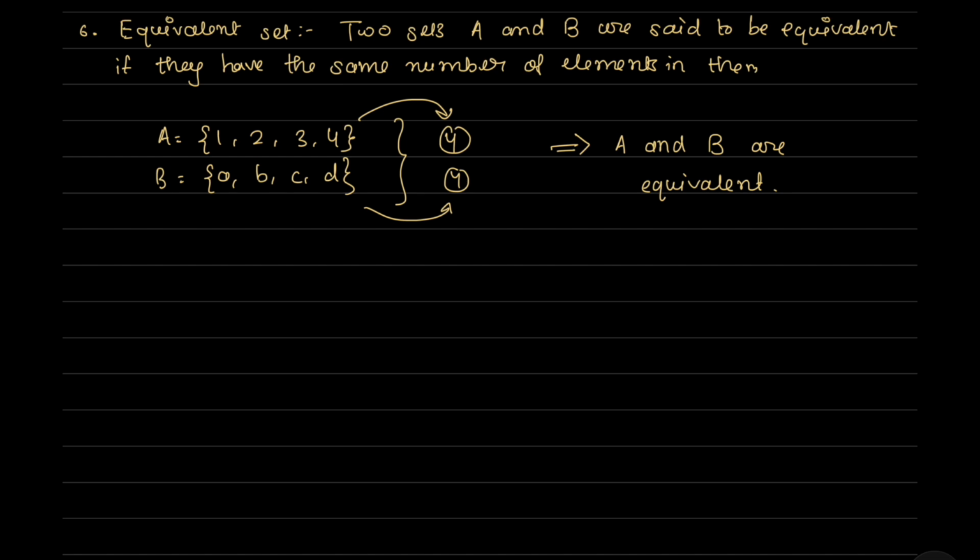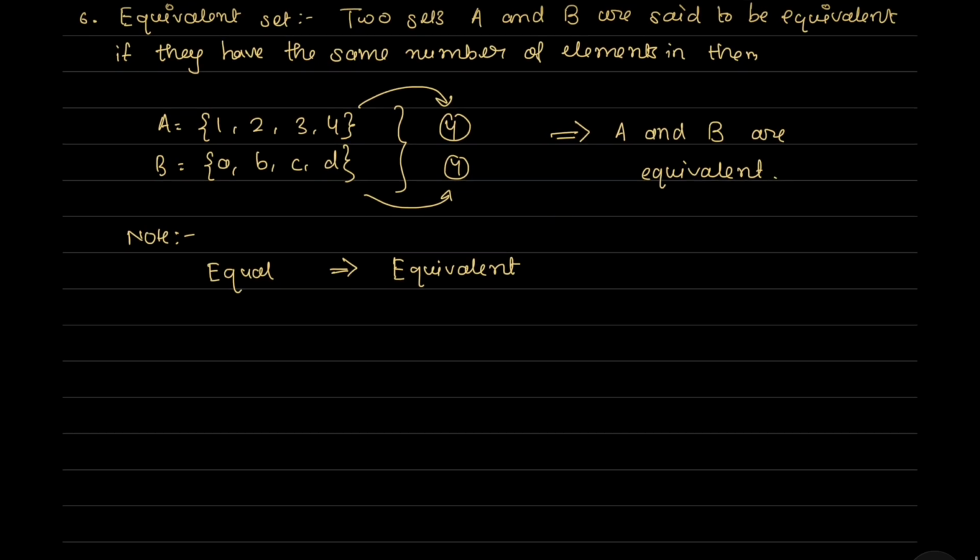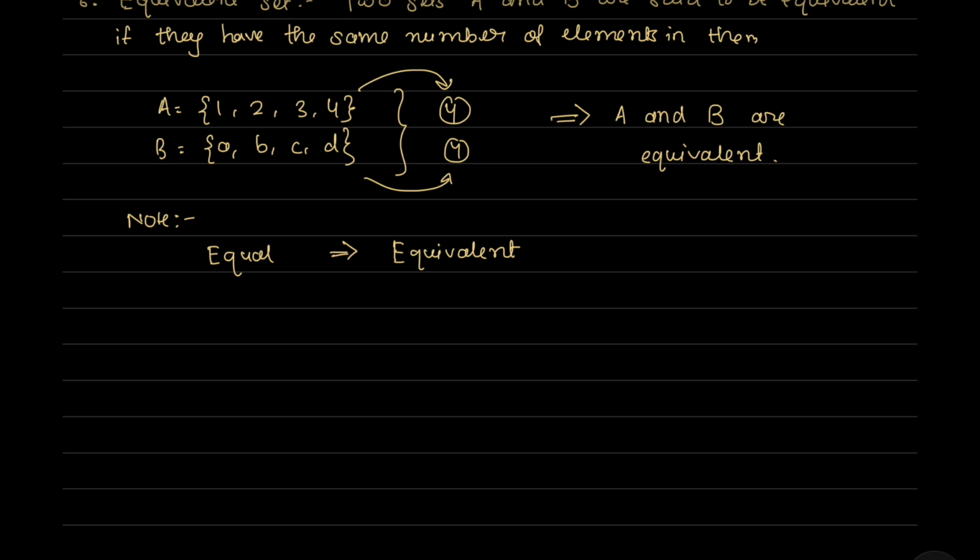Alright. Some things to note here. Equal implies equivalence. What does this mean? If I have two sets which are equal, that is they have the same elements in them, then it means that they're equivalent as well, because if they have the same elements, then they will have the same number of elements as well. For example, suppose I have this A equal to 1, 2 and I have another set 1, 2, 2. As you can see, the 2 is repeating here.